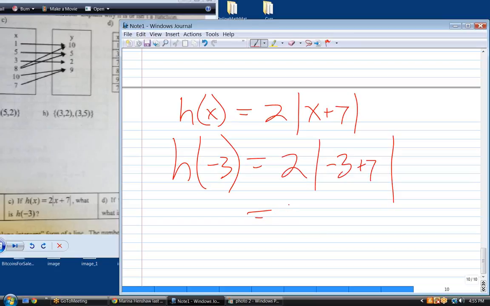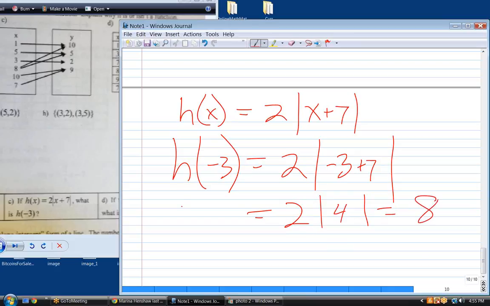Next line. 2 absolute value of 4. And the final one. 2 times 4 equals 8.